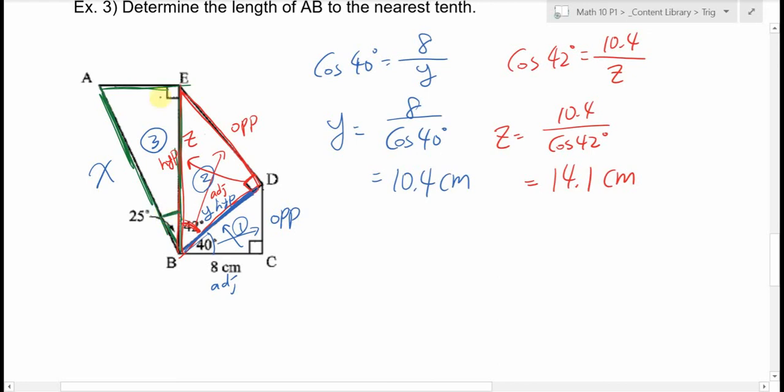So again, this is now the hypotenuse. This is now the opposite side. And again, the hypotenuse for the red triangle actually is the adjacent side for the green triangle. So we know adjacent, we're solving for hypotenuse, we have to use cosine. So cosine 25 degrees is equal to adjacent, which is now 14.1, the number we just got, over x.